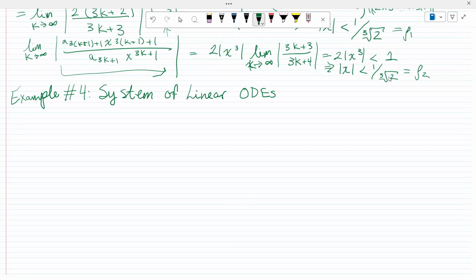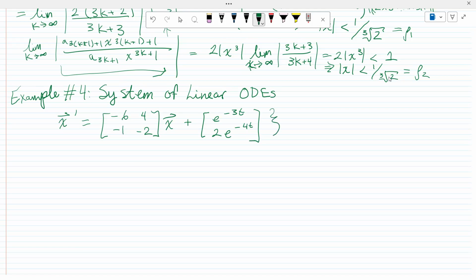So let's say we have this expression right here. X prime is equal to the matrix -6, 4, -1, -2 times x, plus e to the -3t, 2e to the -4t.